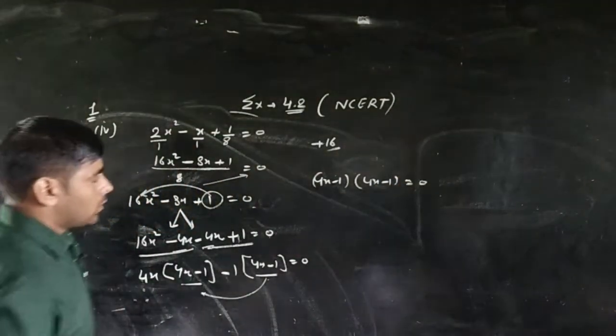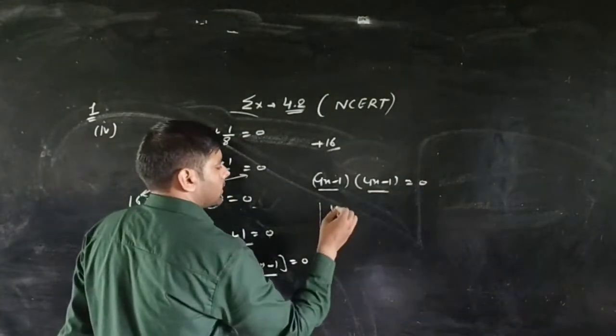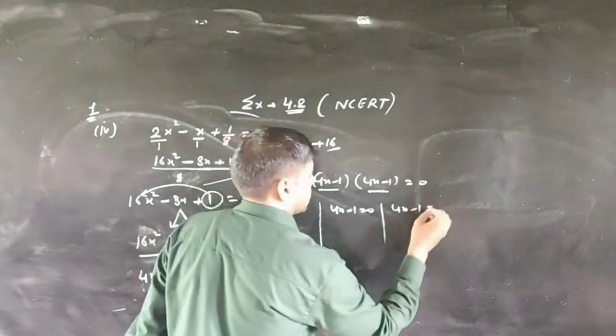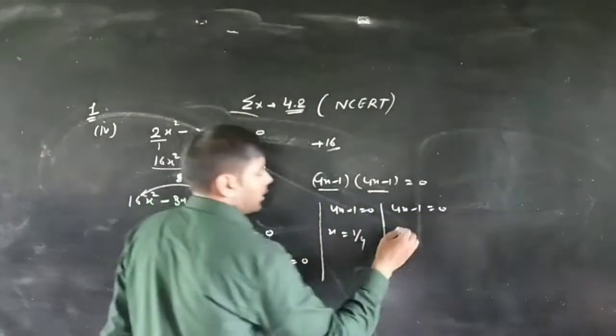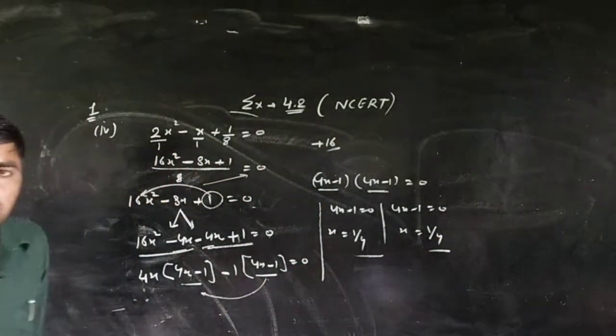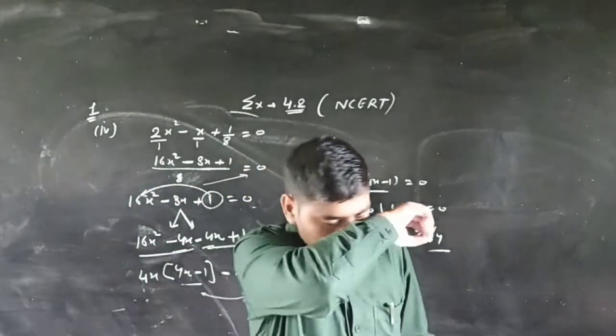The product of two numbers is equal to 0, so either 4x minus 1 equal to 0 or 4x minus 1 equal to 0. From here x equal to 1 by 4, and from the other also x equal to 1 by 4. This is the root, or you can say solution, of the given quadratic equation.